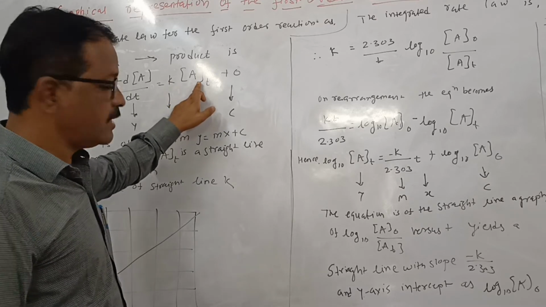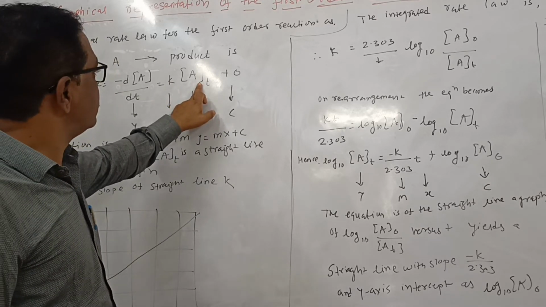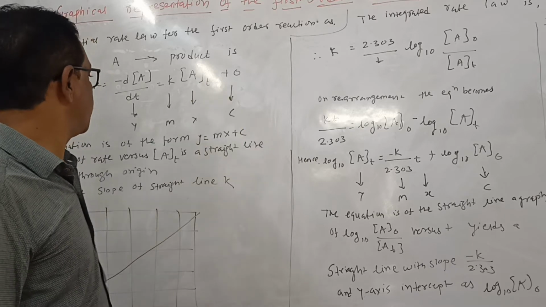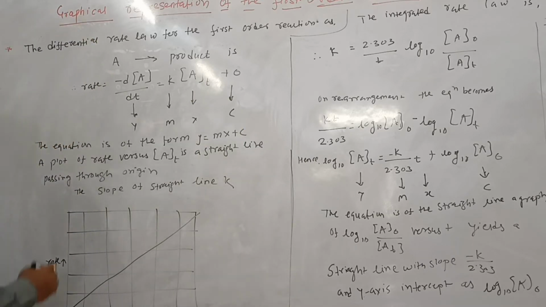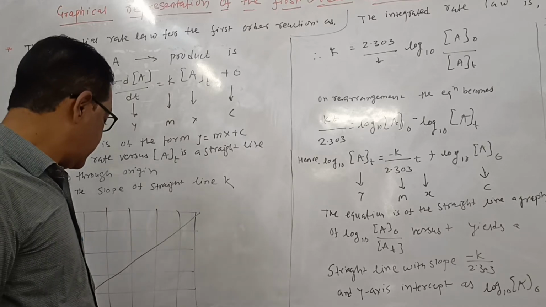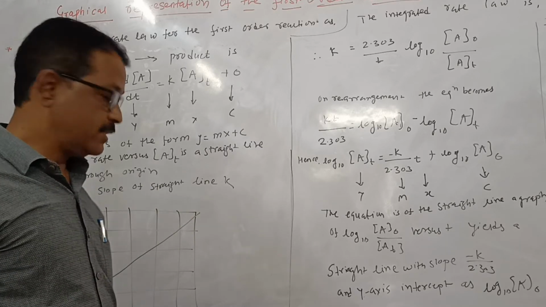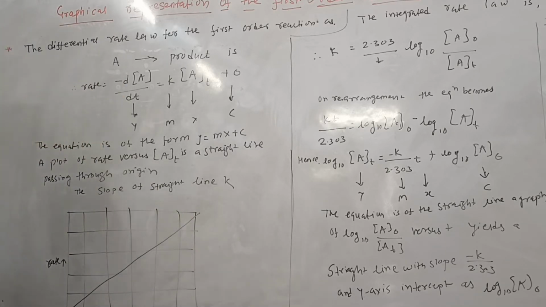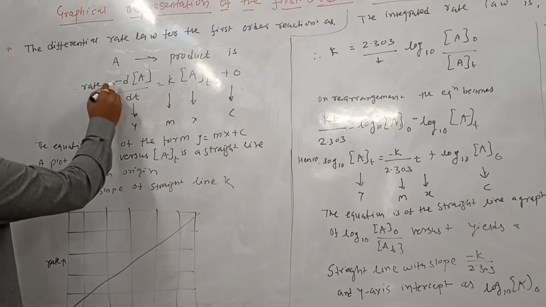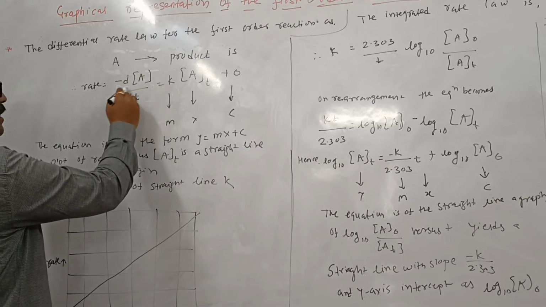Rate is equal to k concentration of A at time t. Look at this graph, x and y axis. This is the rate and initial concentration variation of rate versus concentration A. Therefore, rate is equal to minus d concentration A upon dt.